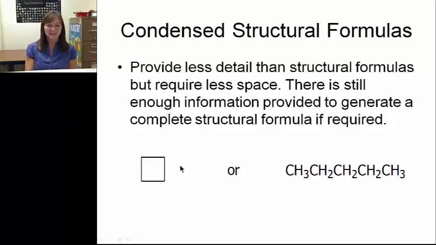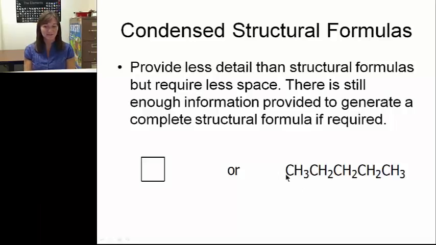So this right here is the condensed structural formula for, if you go to the slide before, the 4 carbons in a ring. This would be how we would do 4 carbons in a ring. The other structure I had, with the 5 carbons in a row, this would be the condensed structure. I could get from this condensed structural formula to a structural one just by reading it from left to right.